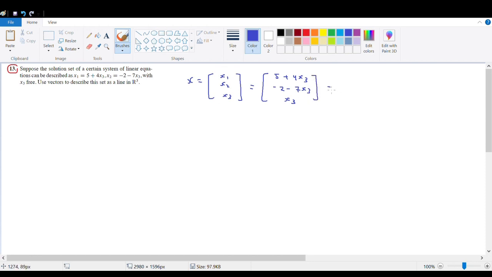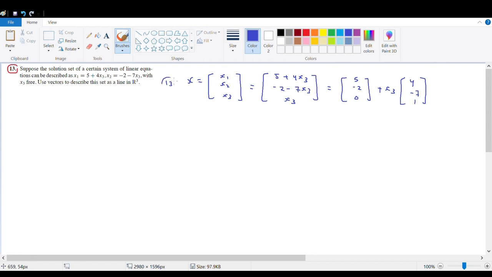If we write this in parametric form, here we have 5, the constant, minus 2, then 0, plus x3 as a free variable. Here we have 4, minus 7, and 1. So to describe the solution set as a line in R3, it is clear that it is a line through this vector which is parallel to this vector.